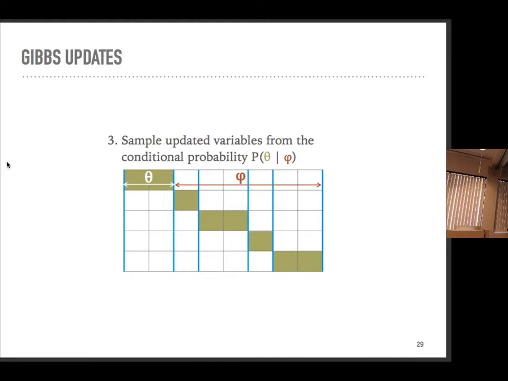This is for your target probability distribution. So in order to use Gibbs sampling, you need some extra information about your probability density. You don't just need to be able to evaluate it. You also need to know what these conditional probabilities are and to be able to sample from them.